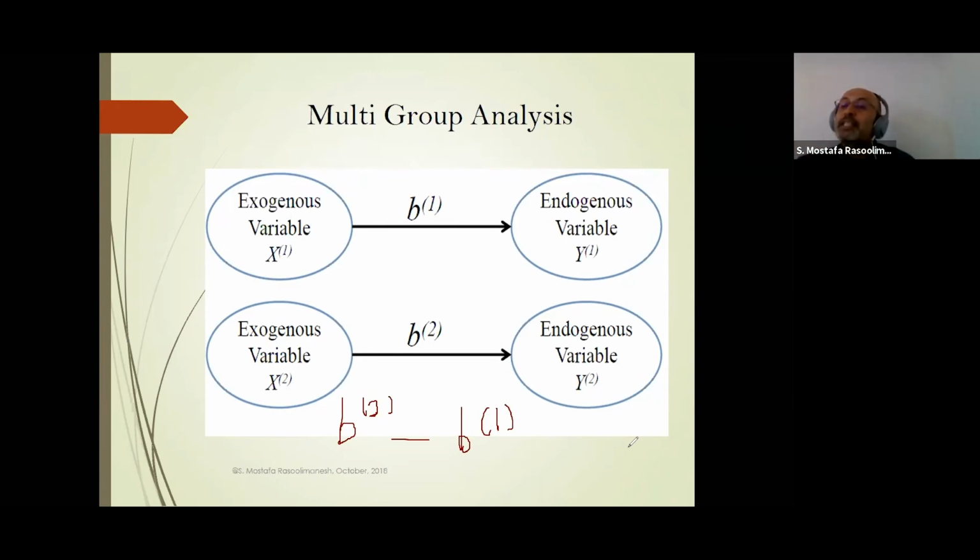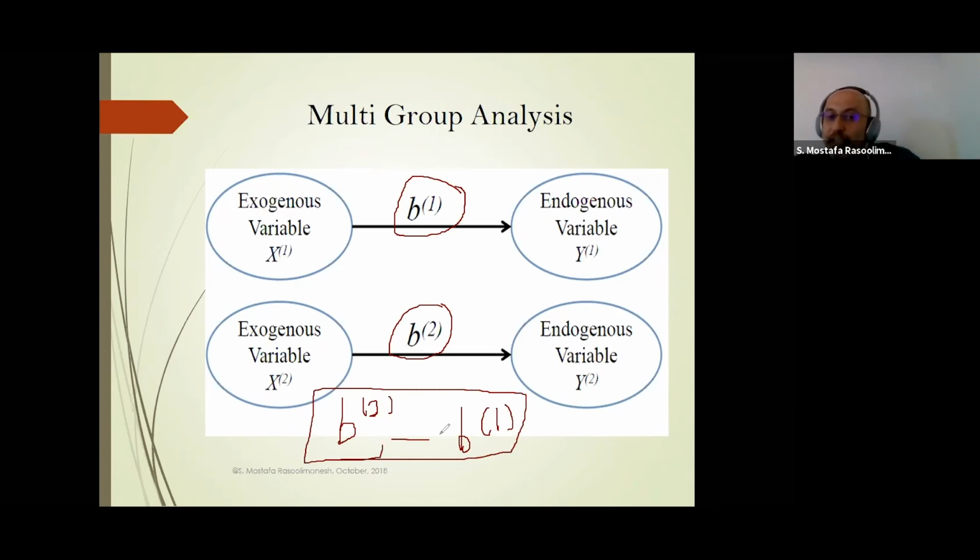But in multi-group analysis, we divide our data into two different data sets, run the model and calculate path coefficients based on data from group 1 and data from group 2, then see the difference between group 1 and group 2 and check the significance of this difference. The concept is exactly the same, but the method for assessment is different.